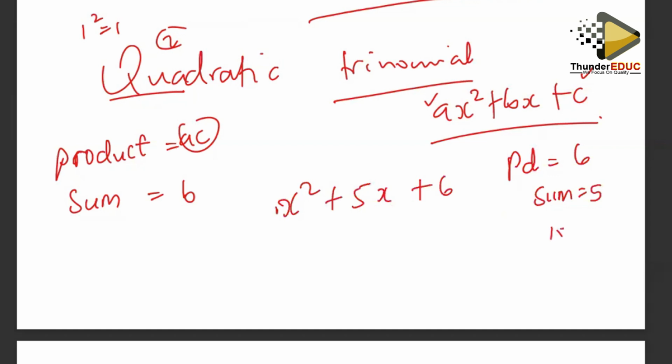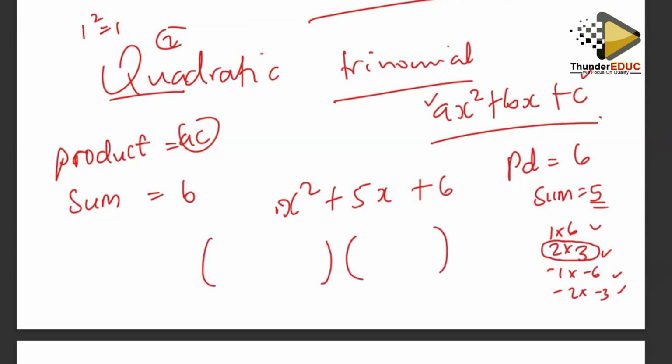It can be 1 times 6, 2 times 3, negative 1 and negative 6, negative 2 and negative 3. Then from this, we need to get a pair that's going to give us a sum of 5, which is just this pair of 2 and 3. Then come down, open your 2 brackets: x with a positive 2, x with a positive 3. And then that becomes our answer.